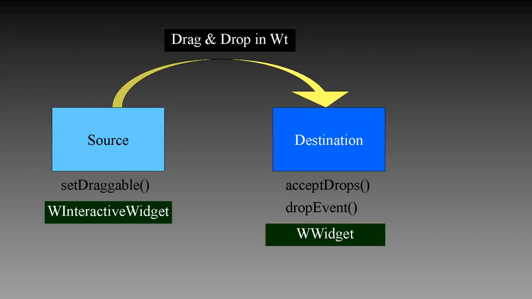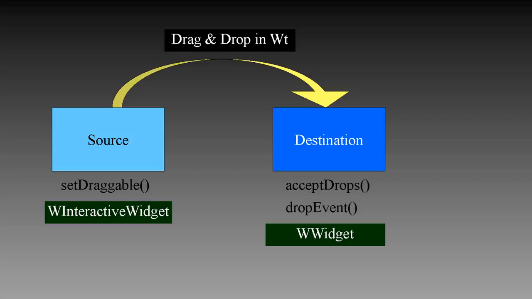Because looking at this illustration, when we implement acceptDrops and the drop event, we're going to subclass a WContainerWidget. I haven't really gone over subclassing using C++ and Wt in a whole lot of depth.